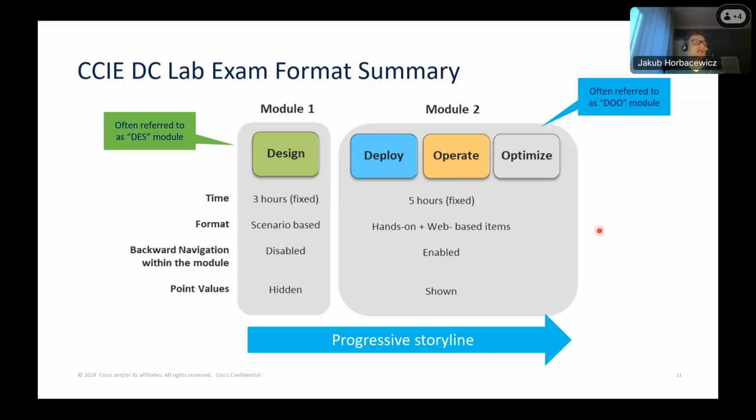Now, let me focus a bit more on the exam format summary. The bottom line here is that the format doesn't change between version 3.0 and 3.1. So the candidate is given 2 modules. Module 1, which is called design, very often referred to as the DES module, and module 2, which is called deploy, operate, optimize, very often referred to as the DOO module.